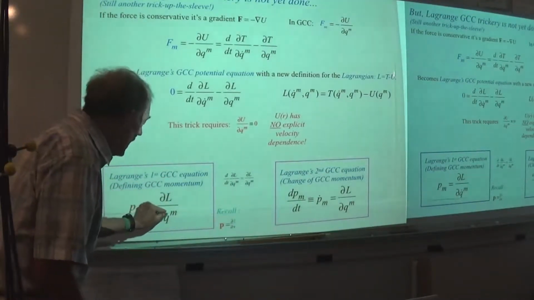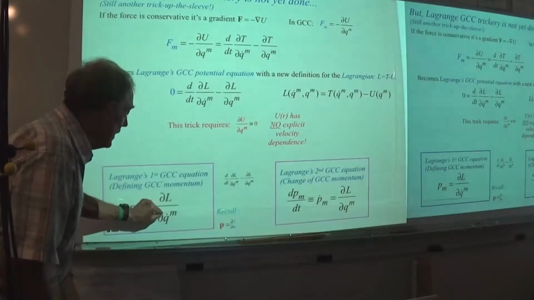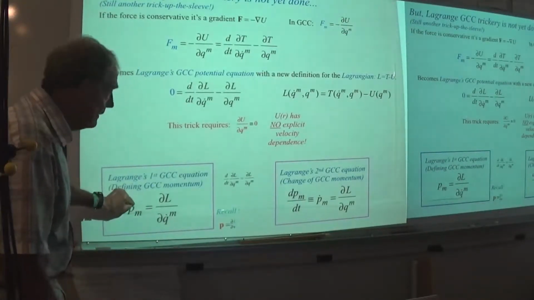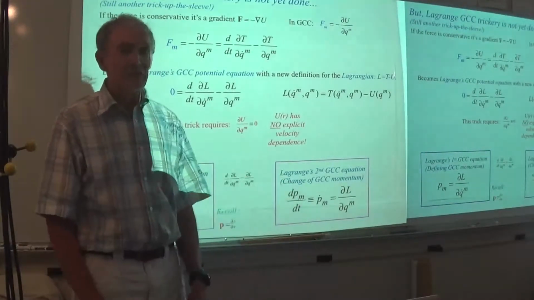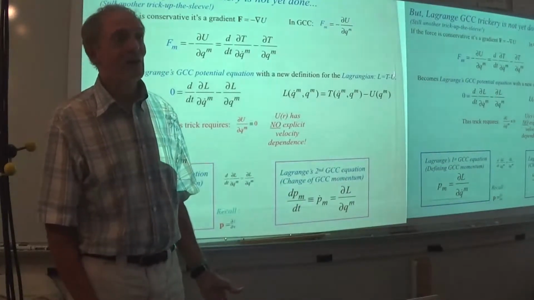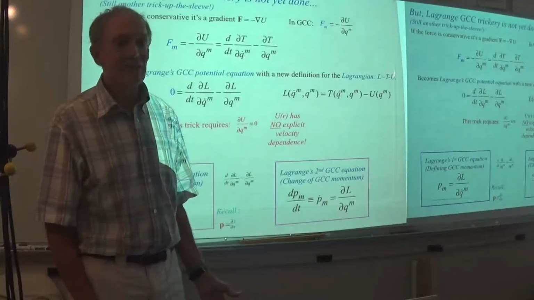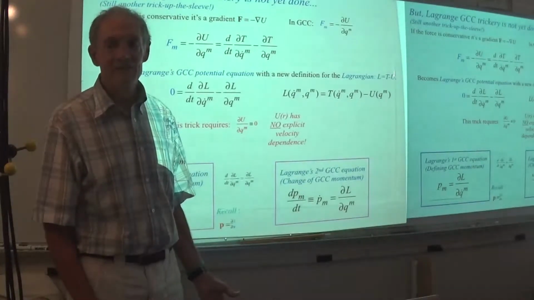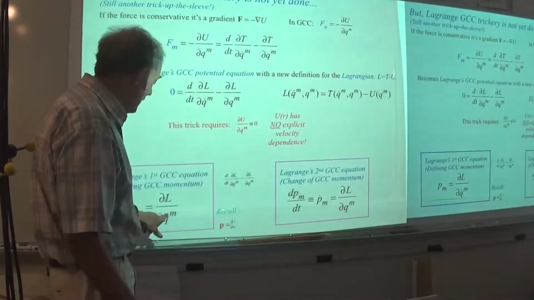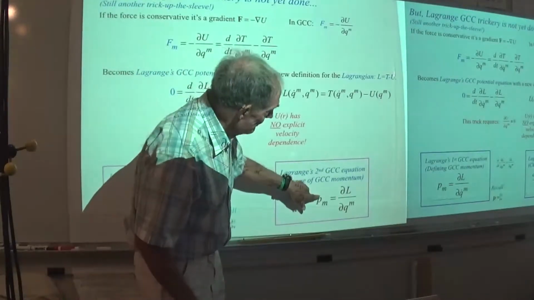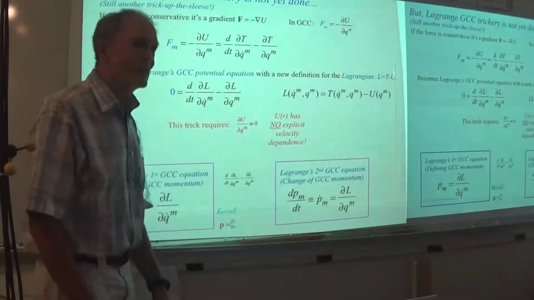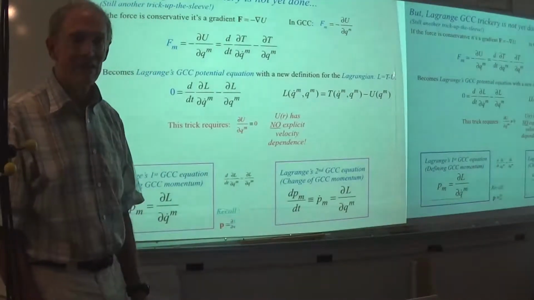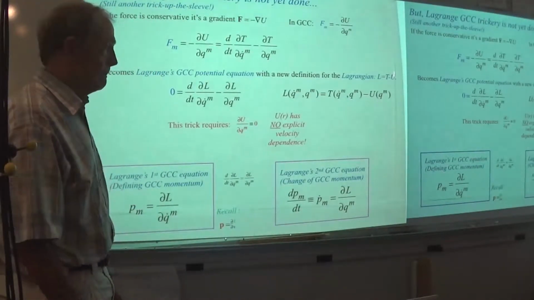If I take the dot of this one and just drag it off of the Q and put it on the P, that's this equation. That's the way to remember the Lagrange equations. Both of them. The dot either goes here or it goes there, and it's a P equal a derivative with respect to Q in either case. That's kind of neat.